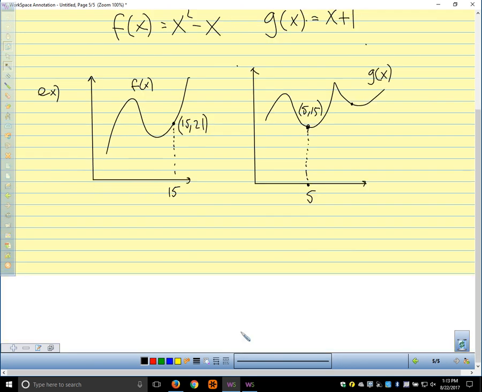And the problem asks us, using the graphs, find f of g of 5. Well, we know that f of g of 5 means f of g of 5.